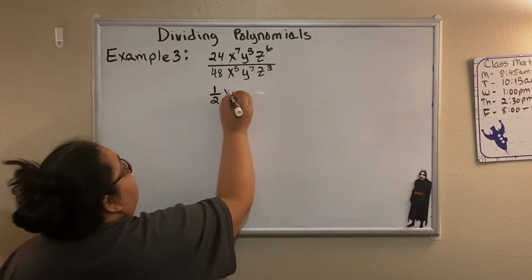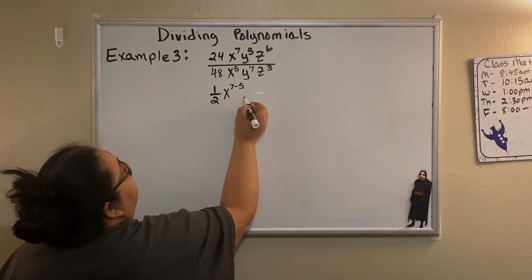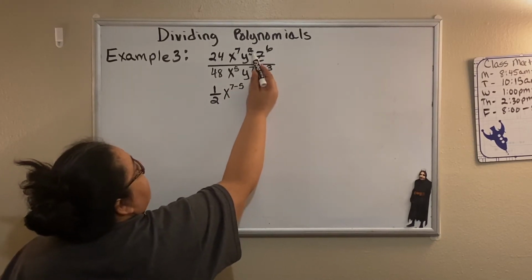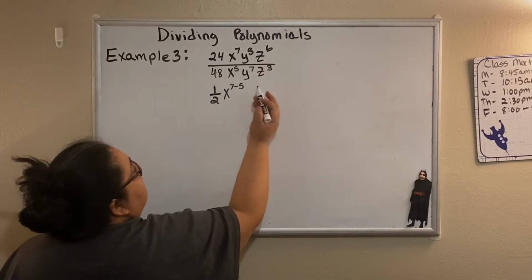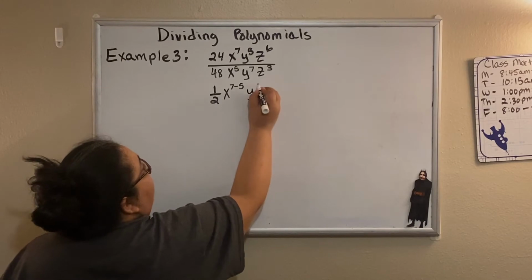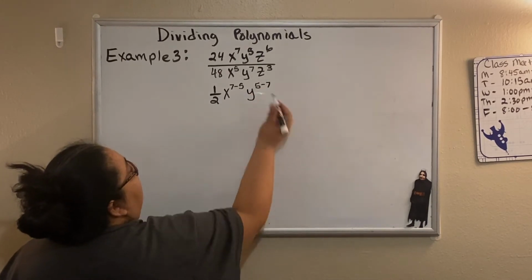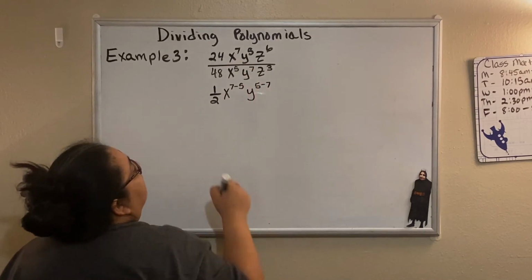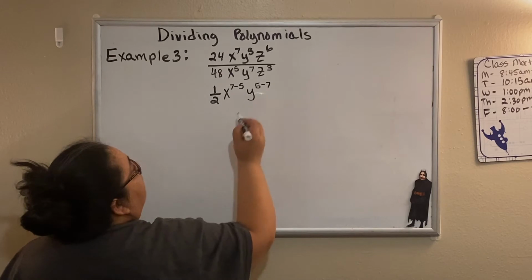We're going to take x and we're going to subtract the powers, 7 minus 5, and then y to the 5 and y to the 7, they're not the same, they're different. So we're going to say y to the power of 5 minus 7. See, last time y's were the same and we could cross them off, we could reduce them, but since they're different, we're going to go ahead and subtract.